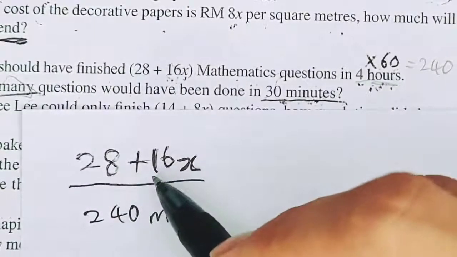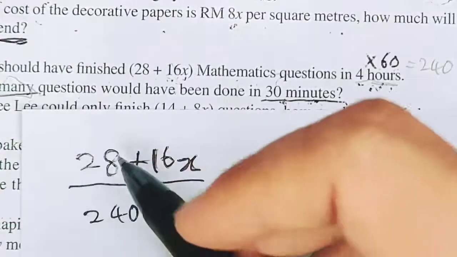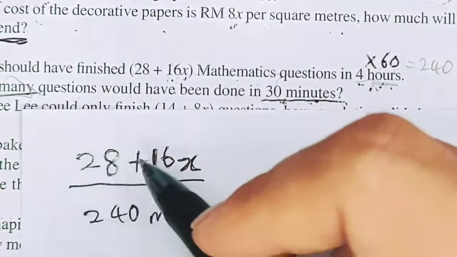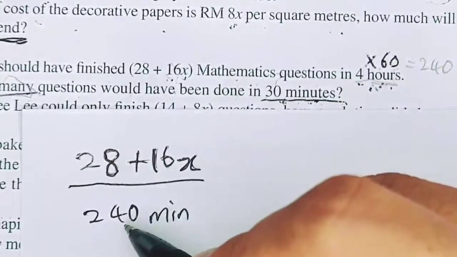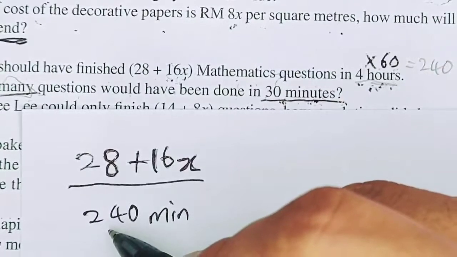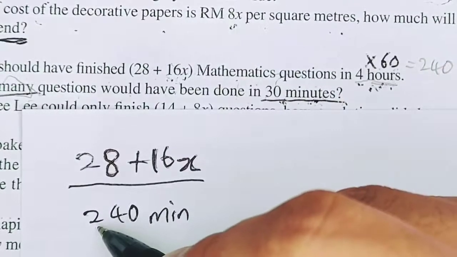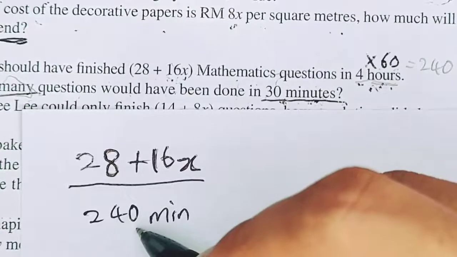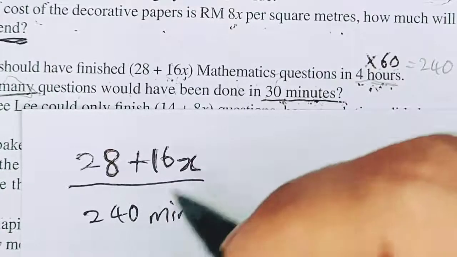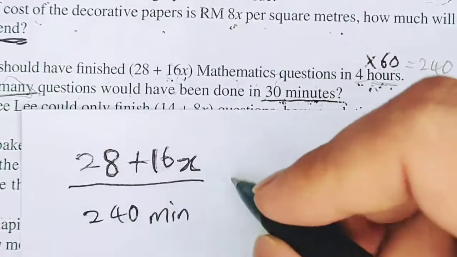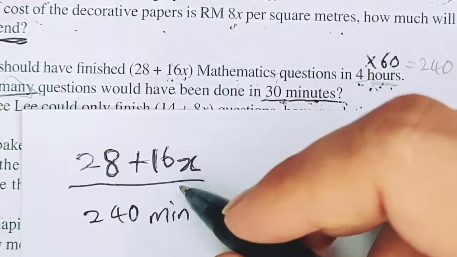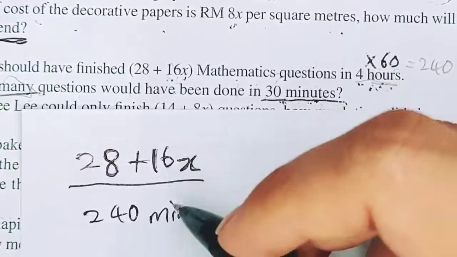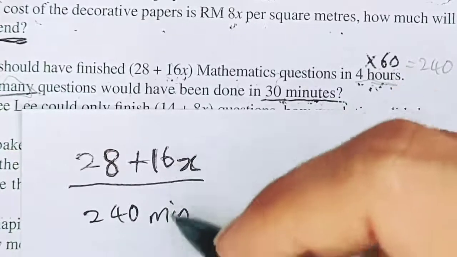So the upper part here, how many questions happen in how many minutes? That is 240 minutes. So this is in terms of ratio. In terms of ratio, correct?